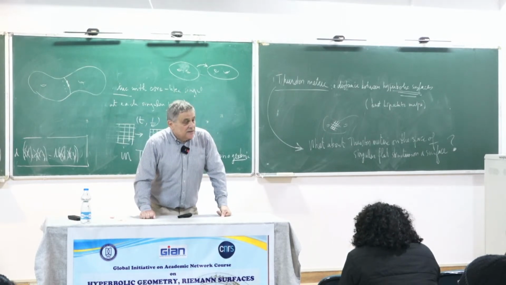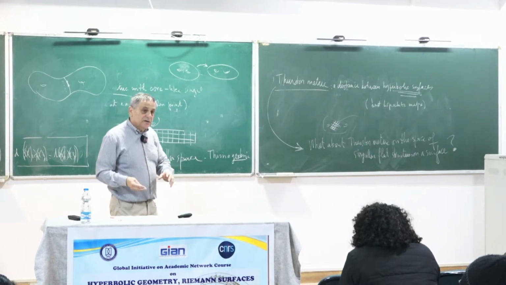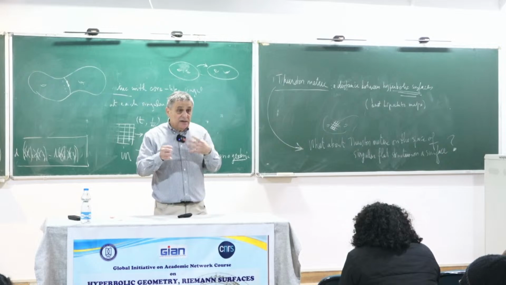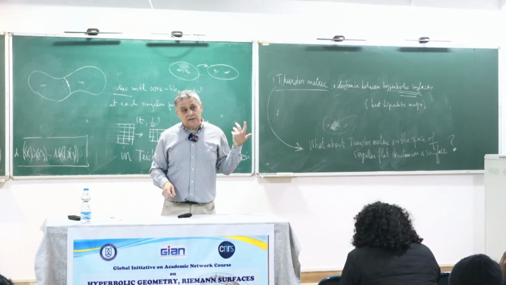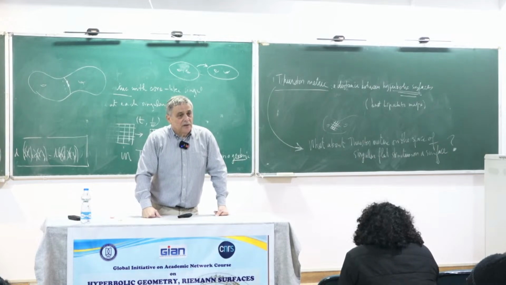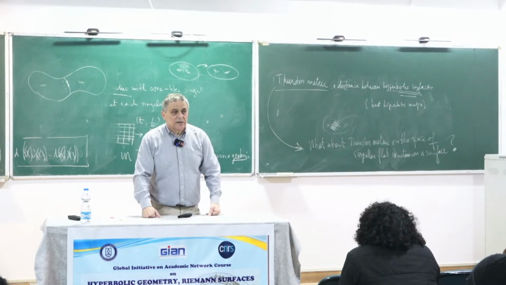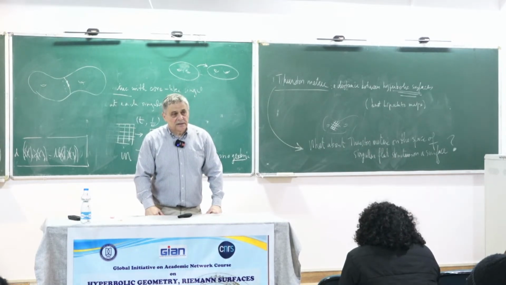And I have all this space of singular flat structures on the surface, and I want to mimic Thurston's theory for this space of singular flat metrics. So how can I do? I thought about this with my collaborators, and we don't have anything interesting on this.